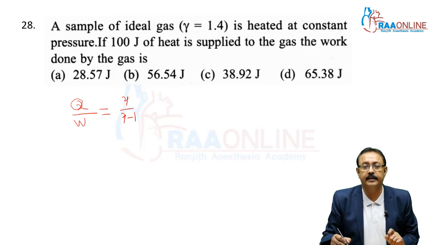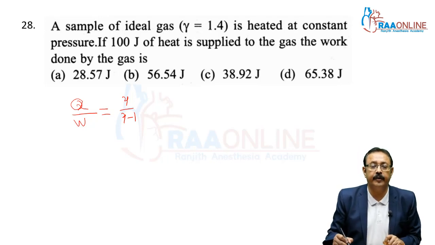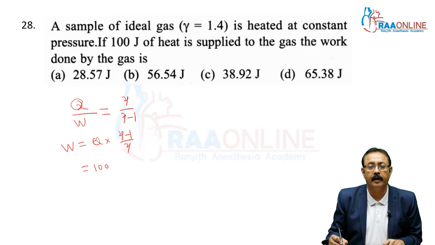In this case, 100 joule of heat was supplied and we want to calculate work done. So W is equal to Q into gamma minus 1 by gamma. Q was 100 joule, gamma minus 1 is 0.4, upon gamma which is 1.4.